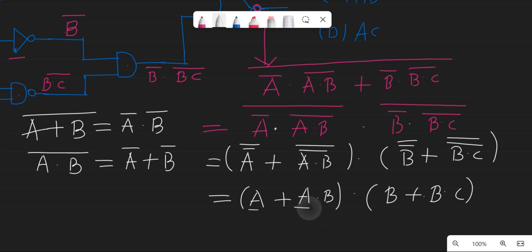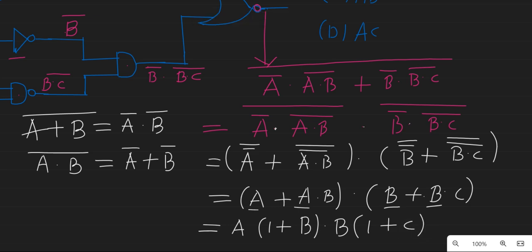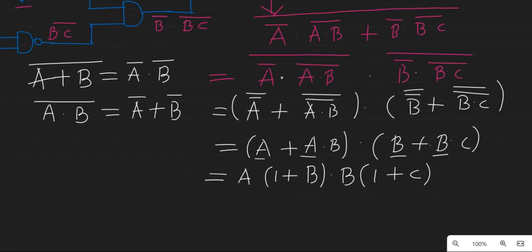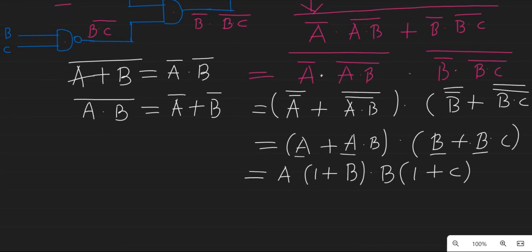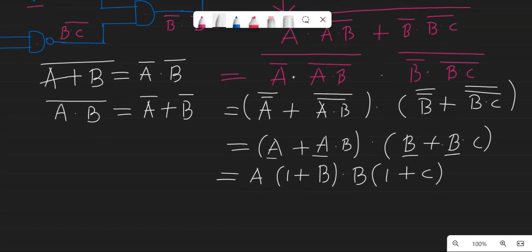Now take A common from this, so we will get 1 plus B, then dot, then take B common from here, so we are left only with 1 plus C. Then 1 plus any input will always be 1, so it is 1 or anything, 1 or 0, 1 or 1, everything is 1.